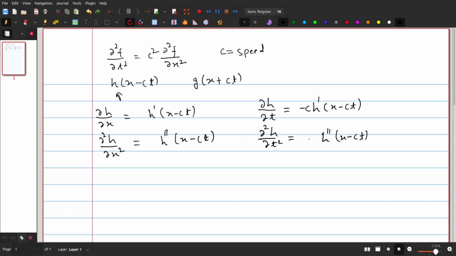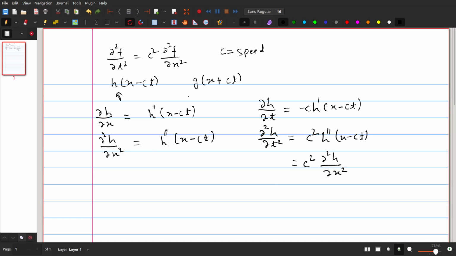So we have (−c)² here, which gives c². So this is equal to c² h″(x − ct), which equals c² times the double partial derivative of h with respect to x. So we see that h satisfies this wave equation.